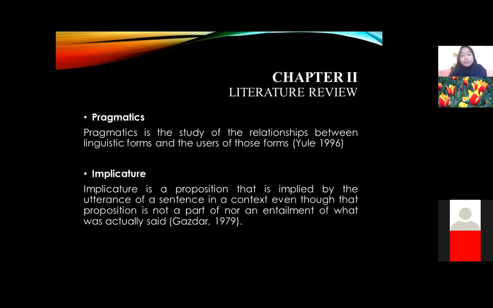And implicature is a proposition that is implied by the utterance of a sentence in a context, even though the proposition is not a part of nor an entailment of what was actually said, according to Gazdar, 1979. And according to Grice, implicature is the act of meaning or implying something by saying something else.